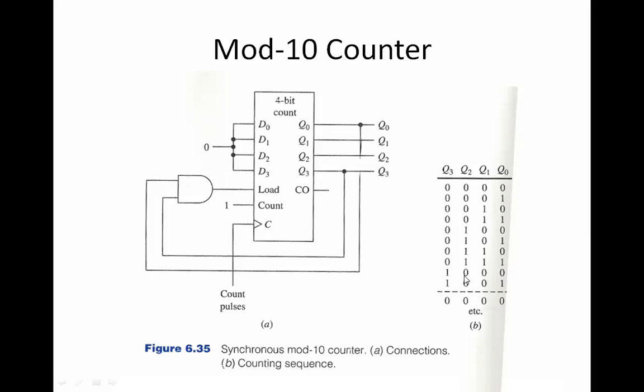Why Q2 and Q0? I will want to check only when Q3 is high, and I will check if 2, 1, and 0, all these three, are 0, right?